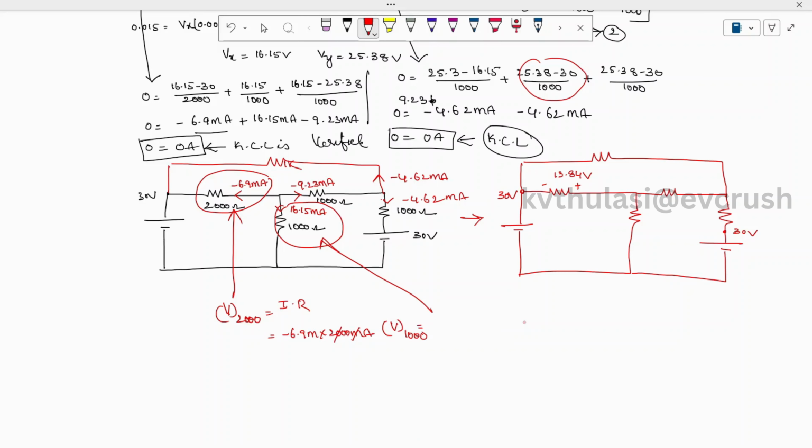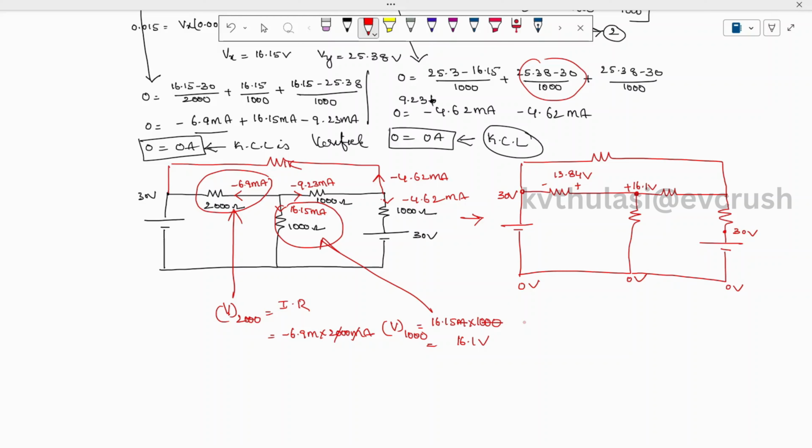Okay, so similarly when you find the voltage at this 1000 ohm resistor, the voltage at the 1000 ohm resistor is equal to I, which is how much? 16.15 milli into 1000. The milli and 1000 will get cancelled, and here you are going to get a voltage of 16.1 volts. So the voltage at this point is 16.1 volts. This is 0 volts, 0 volts, and 0 volts.